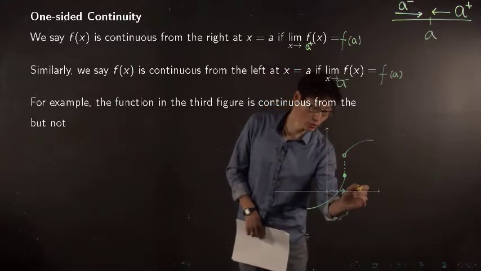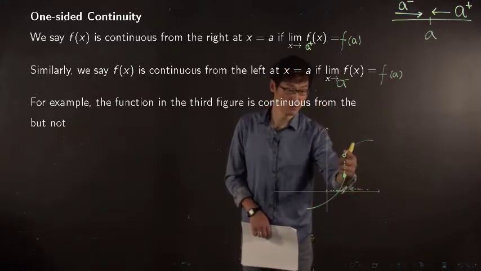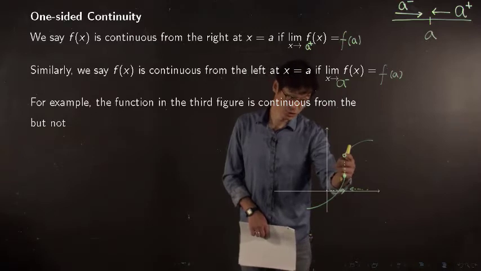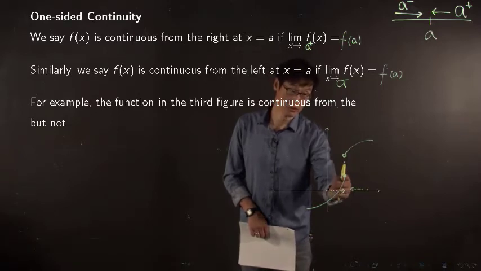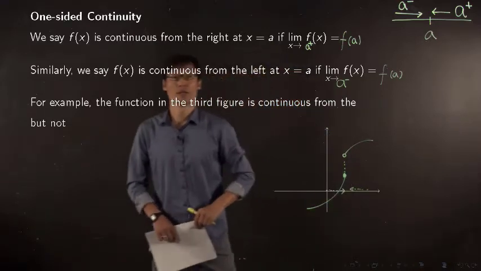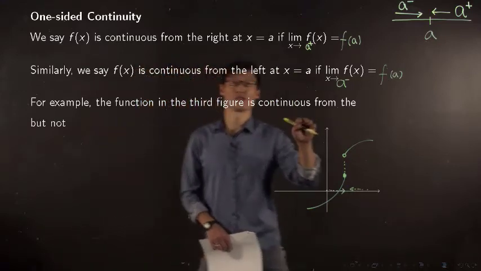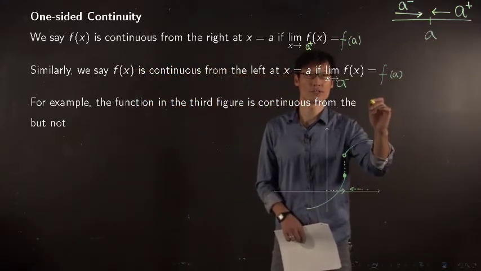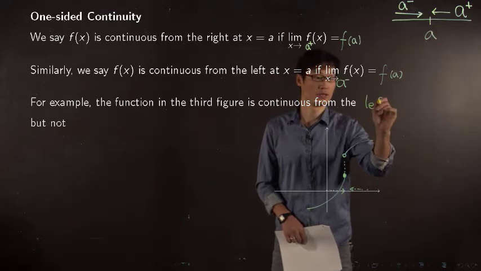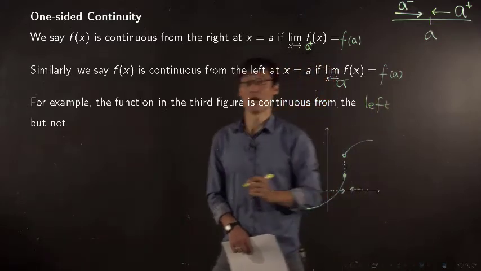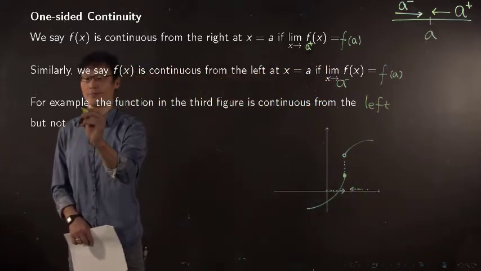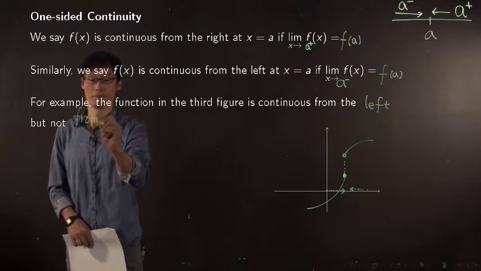However, when your x approaches from the right, this limit does exist, but it doesn't agree with the function value. So this graph is continuous from the left, but not from the right.